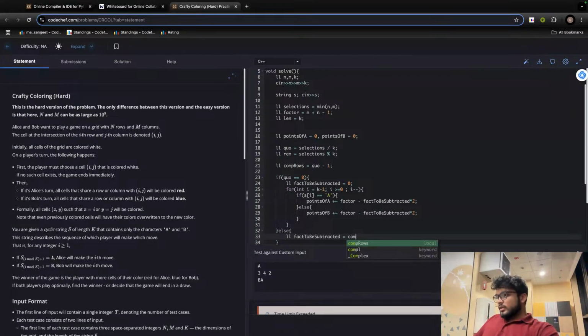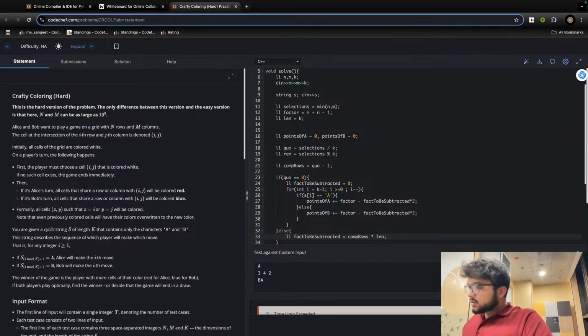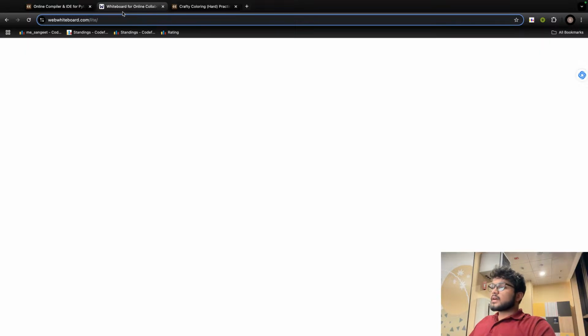That value will be complete rows into the length of our string. Complete rows into length. This is the factor to be subtracted. Why is this the factor to be subtracted?